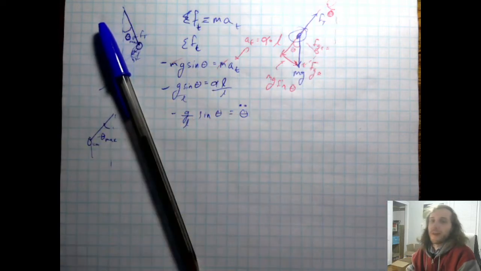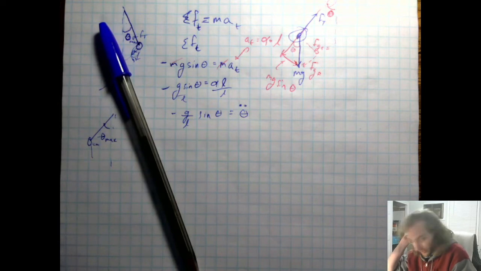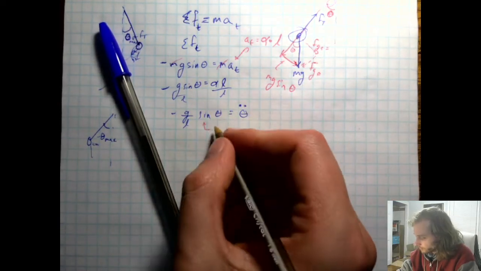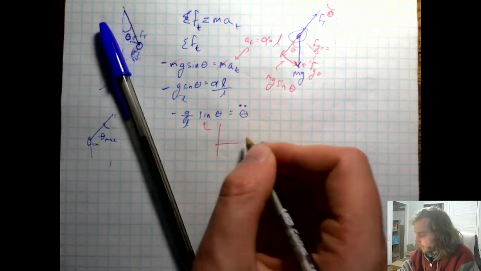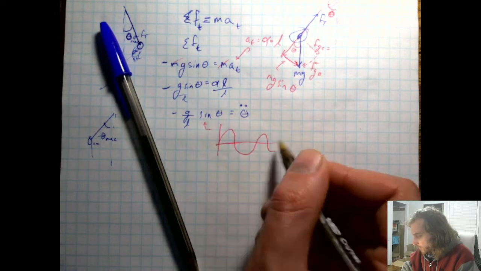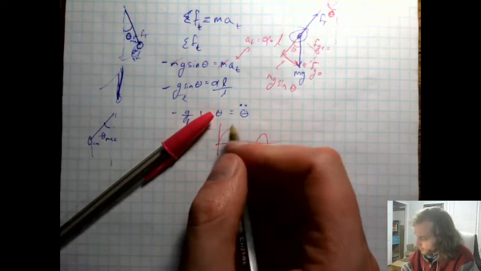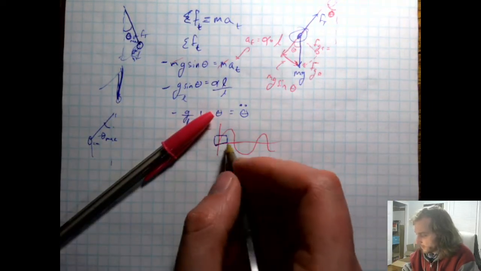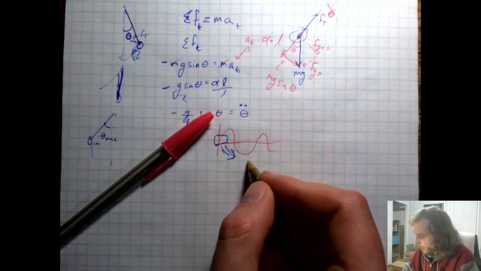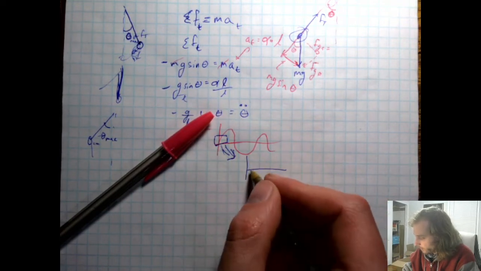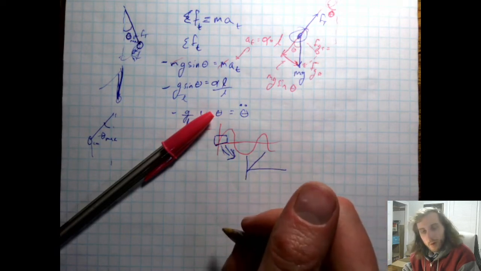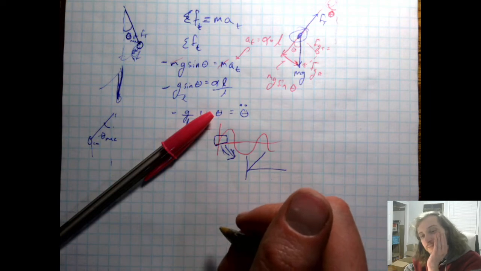This is where the small angle approximation comes in, and this is probably the weirdest part of this. For small angles, if you look at a graph of sine theta, it looks like this, right? If you zoom in just on this section here, it looks a lot like this, which looks a lot like a line.